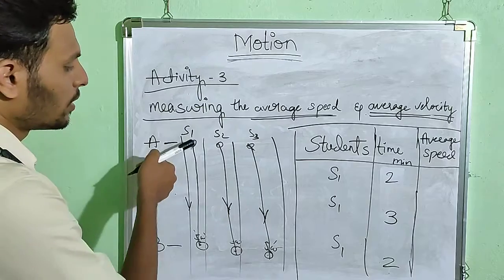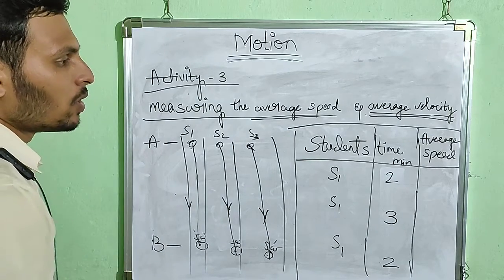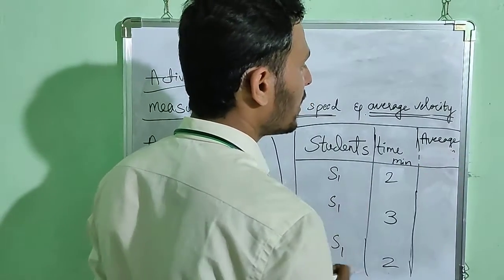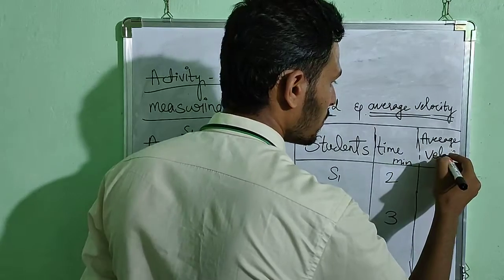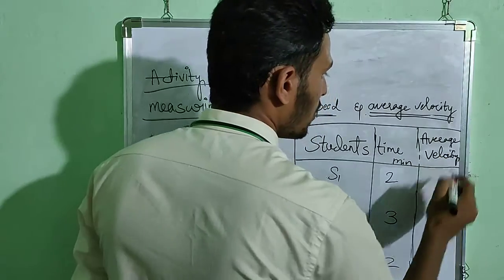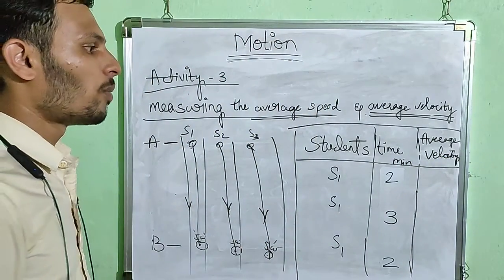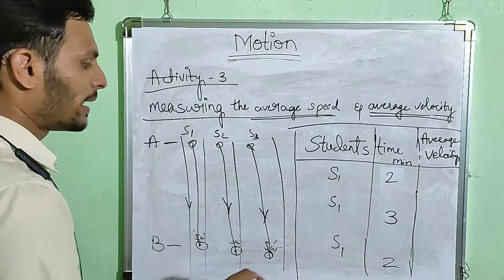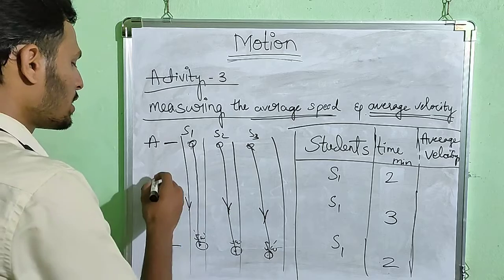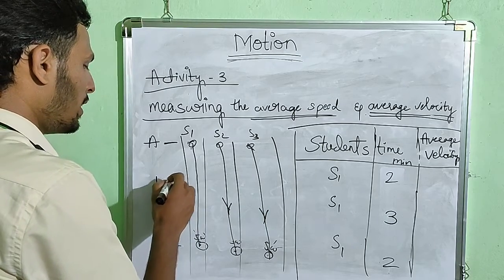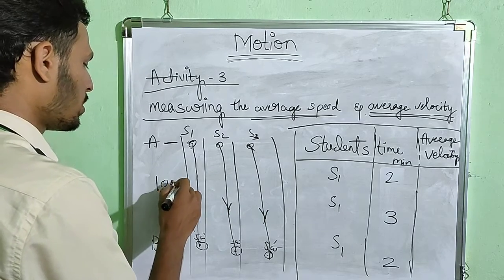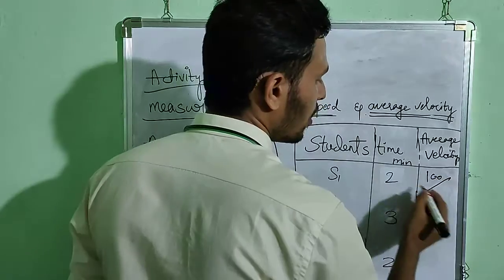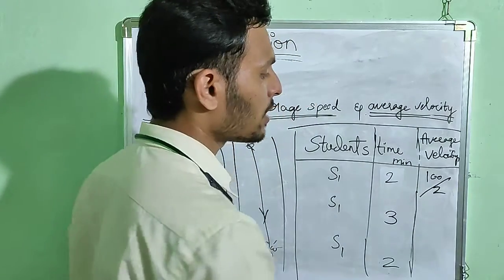Now to calculate the average velocity, the formula is total displacement by time. Let us consider this displacement as 100 meters. So 100 meters divided by 2 minutes.